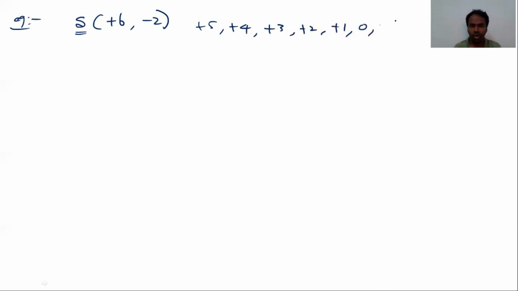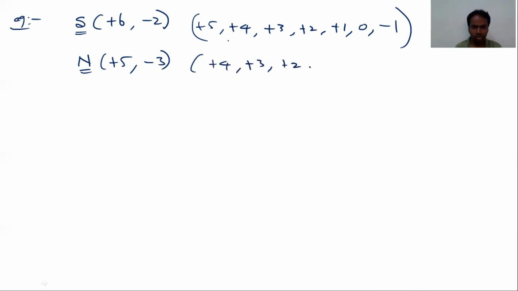These are intermediate oxidation states. Nitrogen: what is the maximum oxidation state? +5. What is the minimum oxidation state? -3. Between +5 and -3 we have +4, +3, +2, +1, 0, -1, -2. These are the intermediate oxidation states for nitrogen, and the earlier ones are for sulfur.